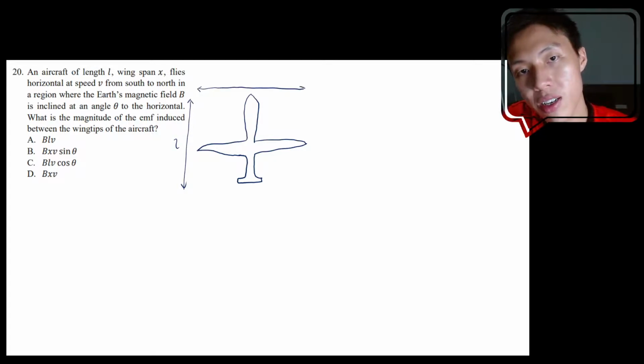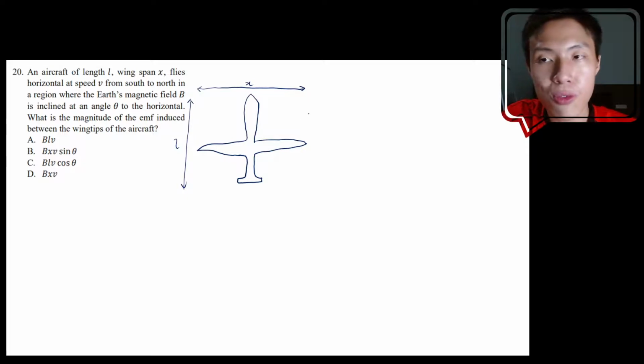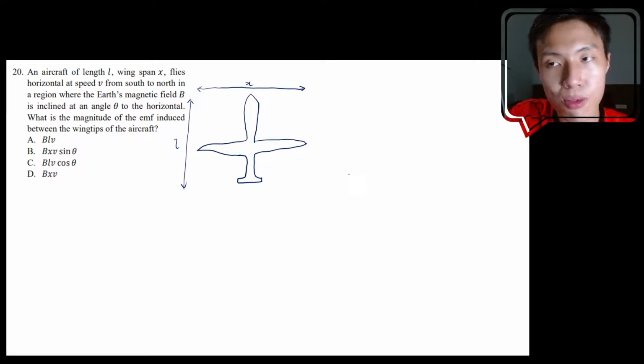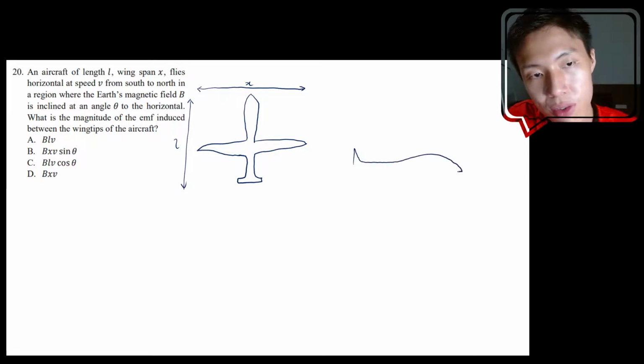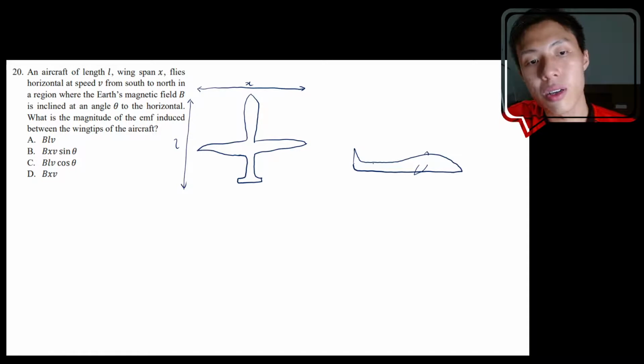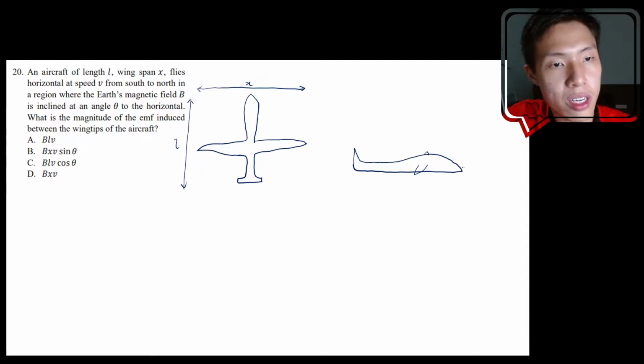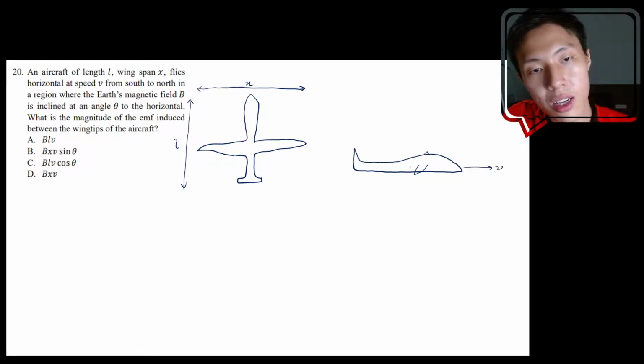The wing is over here. I hope you are able to understand my diagram. It's moving horizontally. When you say it's moving horizontally, that means if I look from the side, this is how the plane should look like. It's moving at the speed of v.